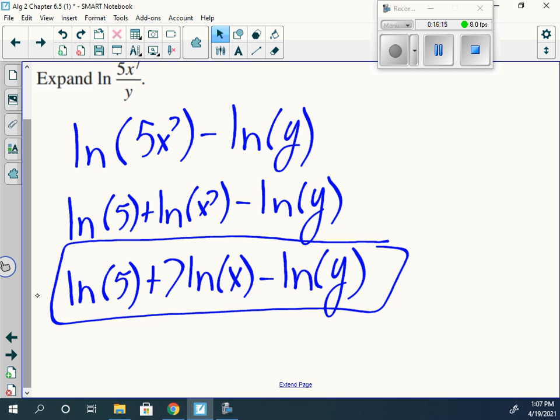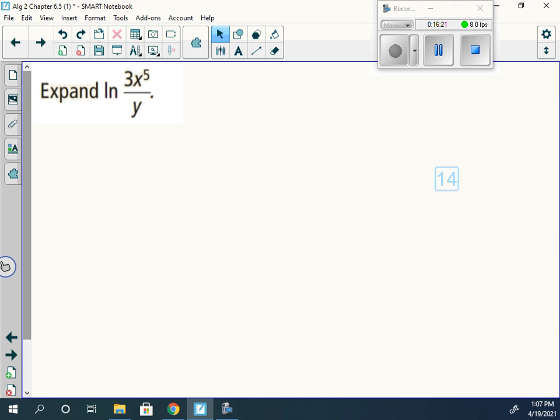So any questions on how we got to this point? Now, some of these properties of logs do sometimes show up on the ACT, splitting these up or putting them back together. Not often, but they are something that they will pull from. So when we look at this here, expand the natural log of 3x to the 5th divided by y.